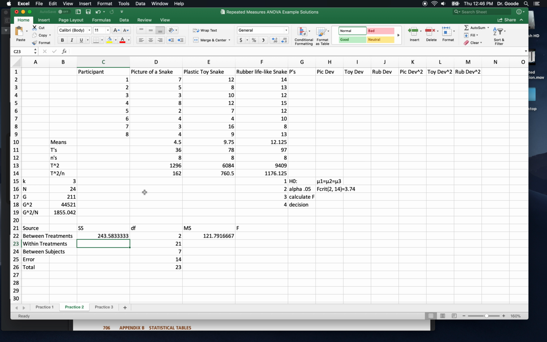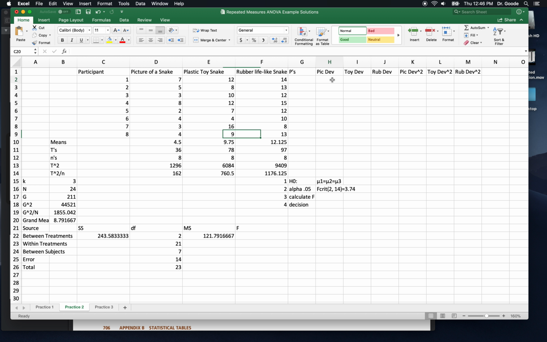And for within treatment sums of squares, we could subtract the mean from each one of those scores, square them, and do the same thing for this one and this one. But I'm going to get total sums of squares this way. I'm going to take the deviation of each score from what we call the grand mean, which is the average of all of the scores.